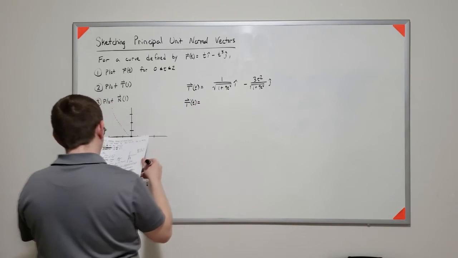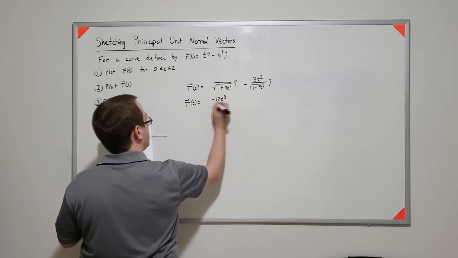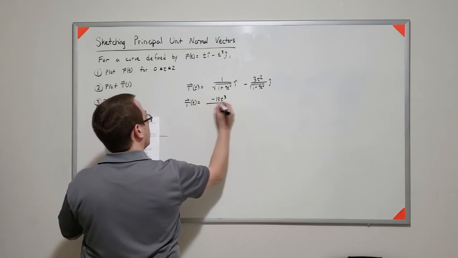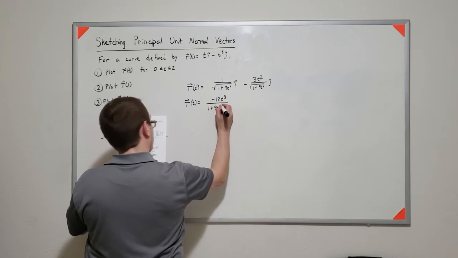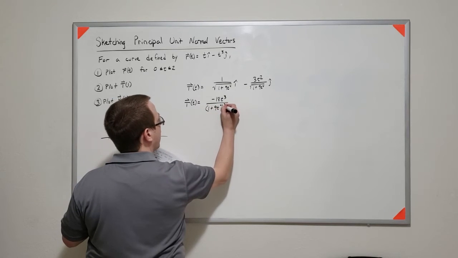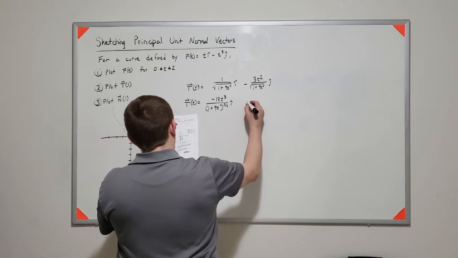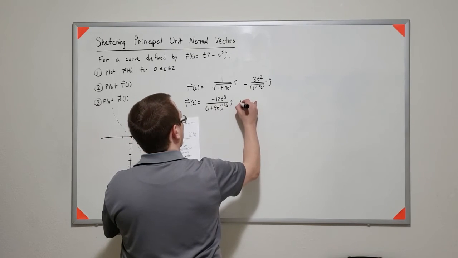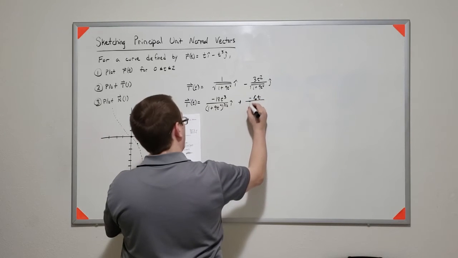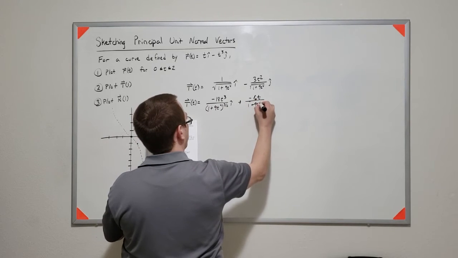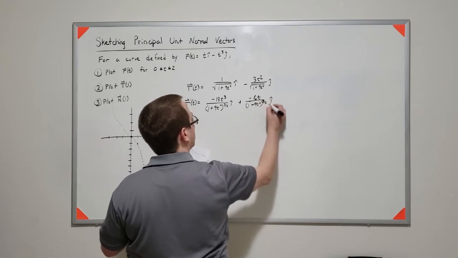T prime of t is negative 18t cubed over 1 plus 9t to the 4th to the 3 halves i minus 6t over 1 plus 9t to the 4th to the 3 halves j.